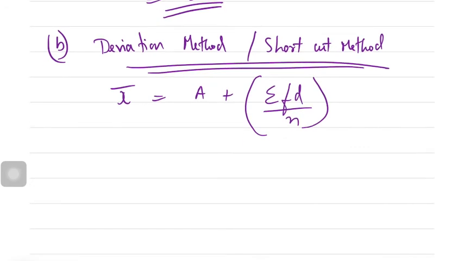Okay, but the only difference is in case of discrete series, d is equal to x minus a, right? Instead of x, you will write m minus a. That's it. Okay, so a is assumed mean. Okay, we are supposed to take a middle number, but to make the calculation easy, we are taking the first number as assumed mean. That is okay, not a problem.